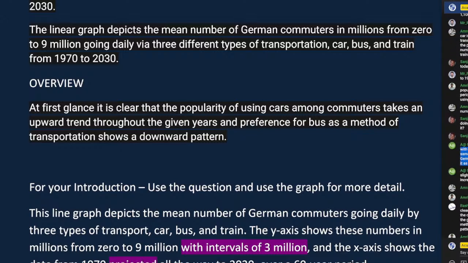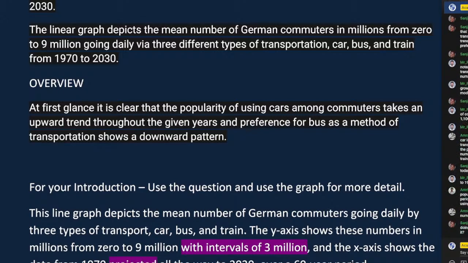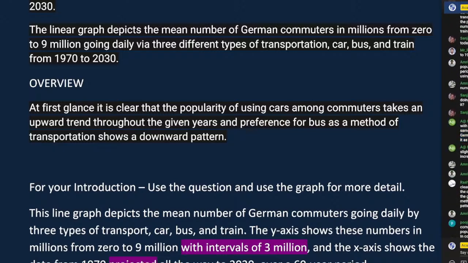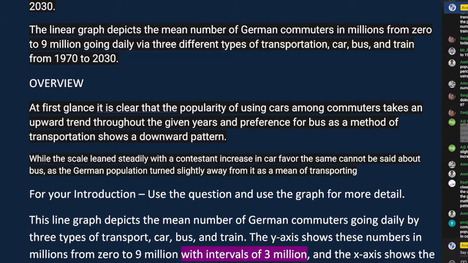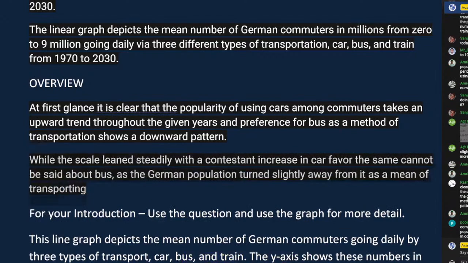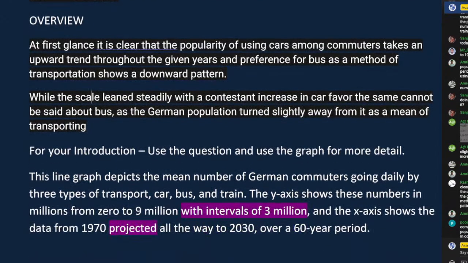Okay, Mal, let's take a look at what you have here. Okay. This is Mal. Mal, always capitalize your first letter. While. So, while the scale leaned steadily with a contestant increase in car favor.